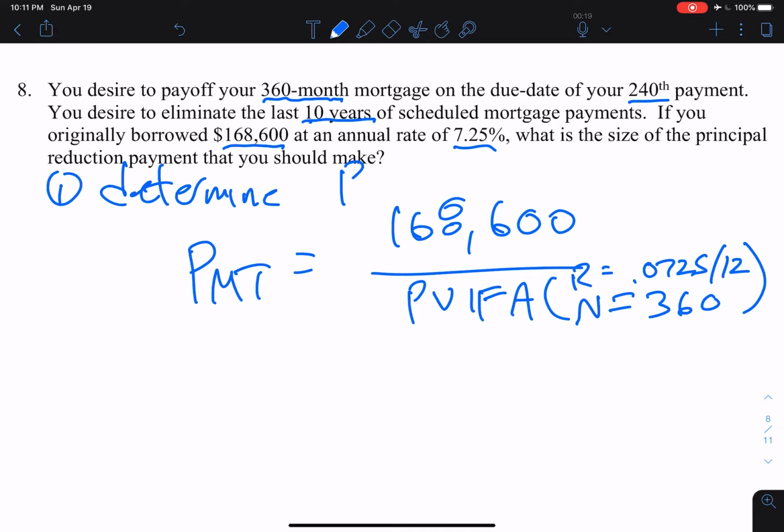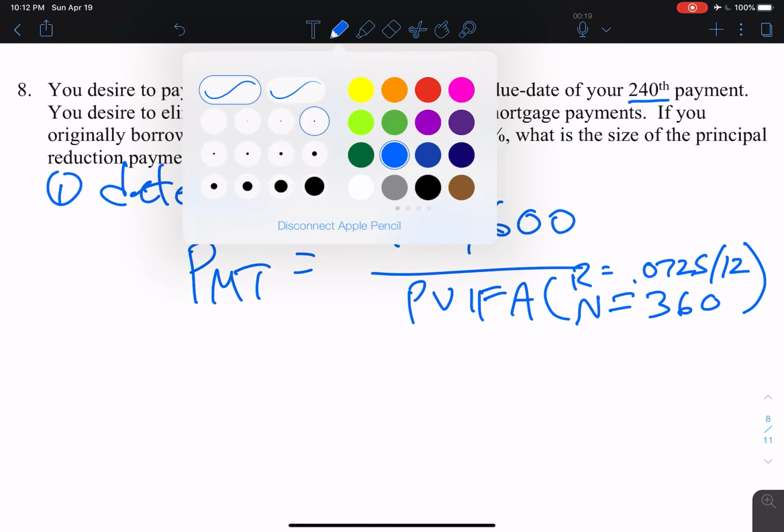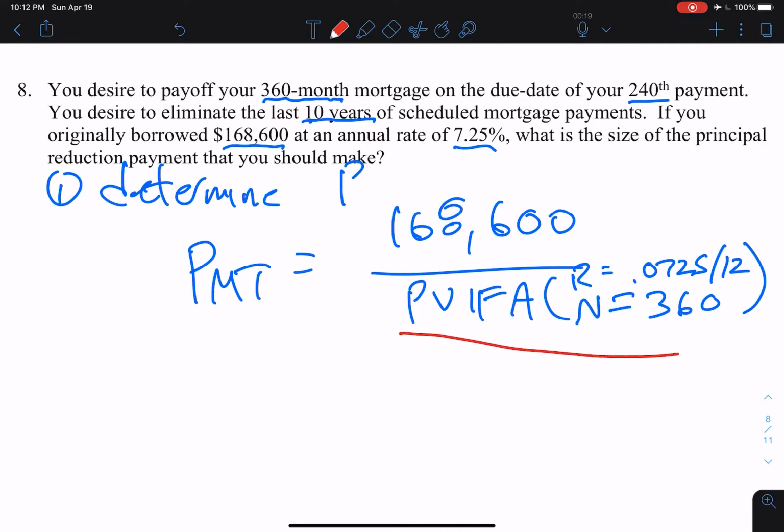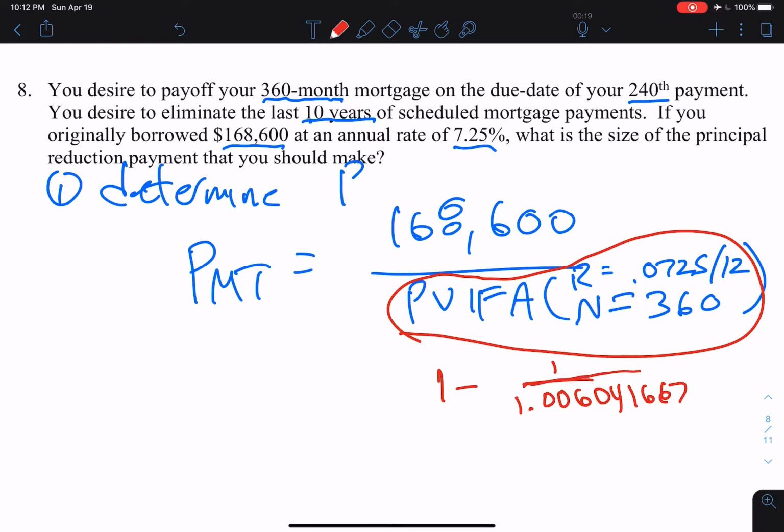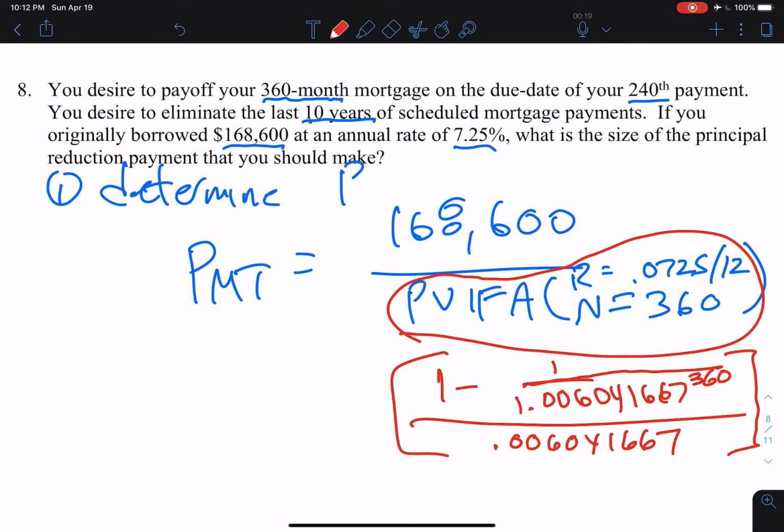So I'm just going to show you what this PVIFA looks like here. So this PVIFA will look like this. 1 minus 1 over 1.006041667 raised to the 360th power, all divided by 0.006041667, and that's what that is.